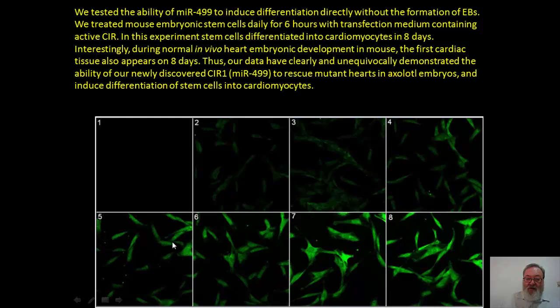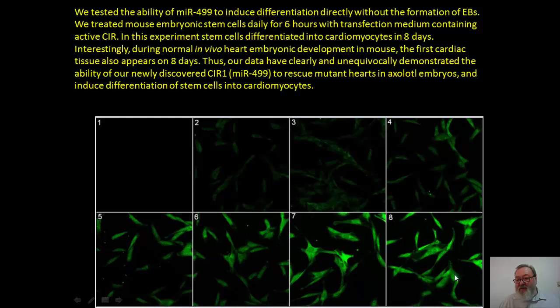This is now a simple tissue culture, and these cells are mouse stem cells, and they've been treated with this particular clone, MIR 499, and after 8 days you can see that a high percentage of these cells had turned into cardiac muscle cells as indicated by the expression of cardiac troponin T, a cardiac-specific protein.